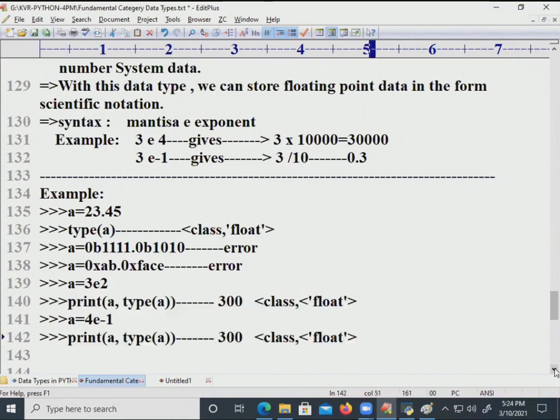Last one, I'm expecting the answer from you people.